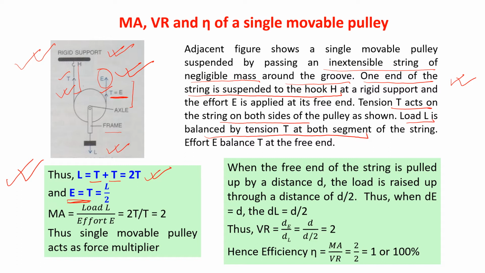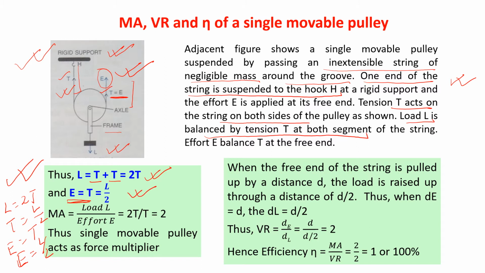Okay, so from here I can get effort is equal to L by 2, because I can write L is equal to 2T. So T is equal to L by 2, and effort is equal to T. In place of T, write E. E is equal to L by 2.